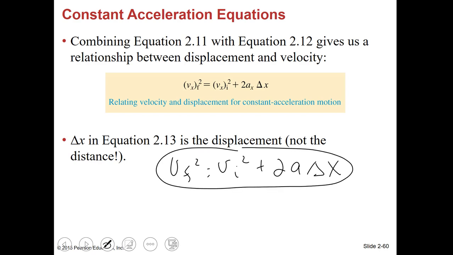This is the third kinematics equation. This one does not have time in it, but it does have final velocity, initial velocity, and delta x. And again, they all have acceleration in them. It's good. So we've got these three tools in our new physics tool belt that we can use to solve a lot of different problems.